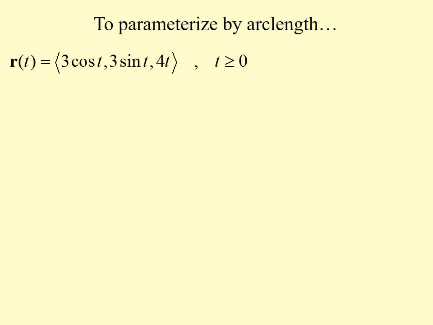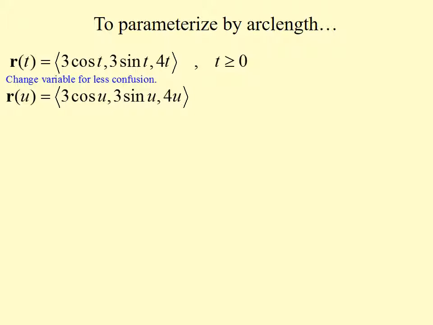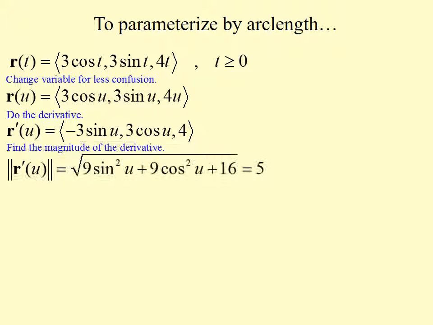So the last thing we want to take a look at then is, how do we change a function that is parameterized by t into a function that is parameterized by s? So from time to arc length. This is called arc length parameterization. And it goes like this. We want to simply use a different variable besides t, and then do the derivative and the magnitude, and finally do the arc length function.